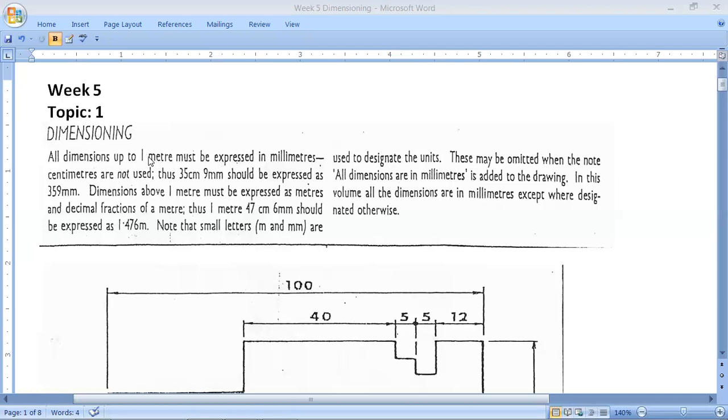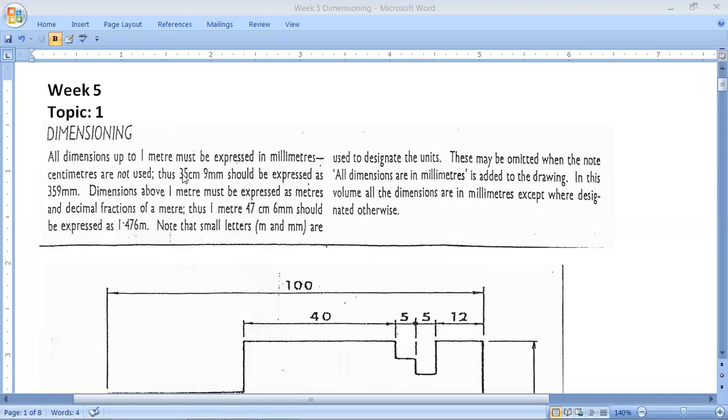But if you have to express 1 meter, 35 centimeter, and 9 millimeter in the drawing, you multiply the part that is in centimeter by 10. That is 350 millimeter. The meter is not 1000 because it's greater than 1 meter; you're going to leave it as a 1, right?